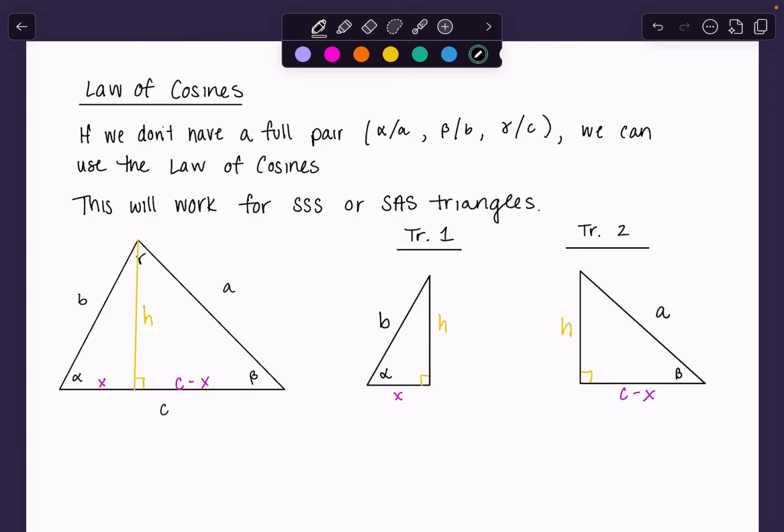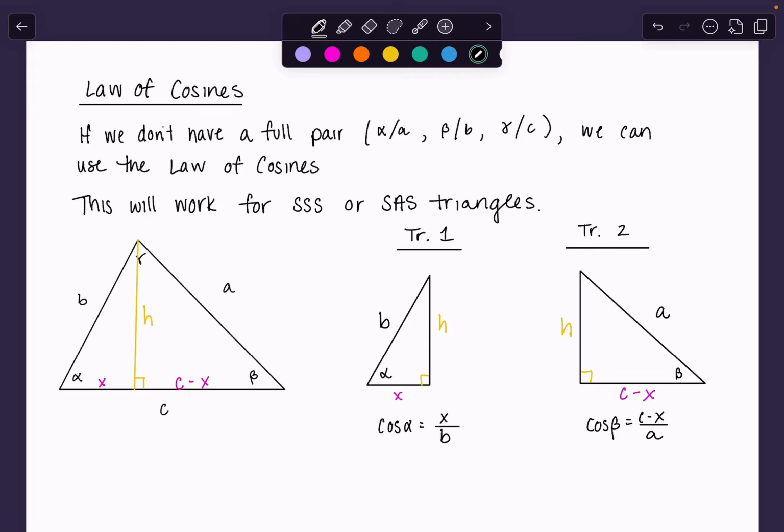So I'm going to look at cosine of each of these angles. So for triangle 1, cosine of alpha is the adjacent side over the hypotenuse. And then for here, cosine of beta is the adjacent side over the hypotenuse. Sorry, that should be A, okay?